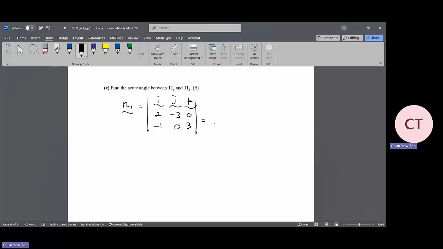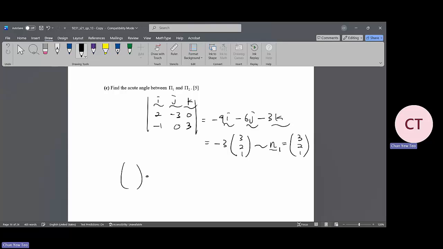So if you cross product, you will get -9i minus 6j, then minus 3. But actually we can factorize the -3 out. Then you can get this one as 3, 2, 1. So this one I erase. This will not be my n1. I will make my n1 equal to 3, 2, 1. That will be easier for me.